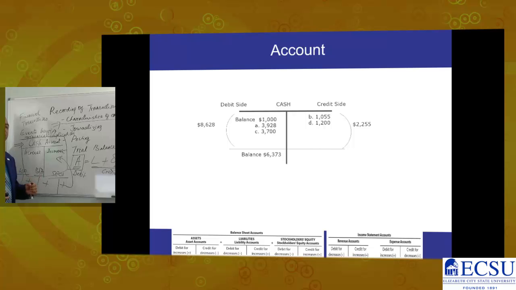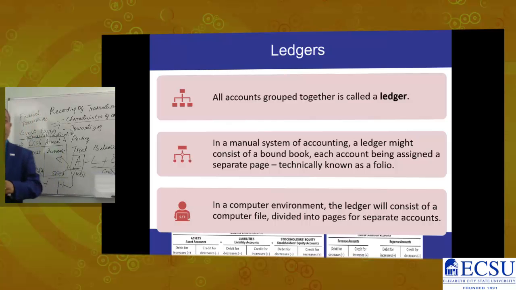For now, you understand that if you have a cash account, I'll be putting all those items that increase cash on the left hand side and those that decrease cash on the right hand side. Take the difference between the two and calculate the balance. So that is a balance.